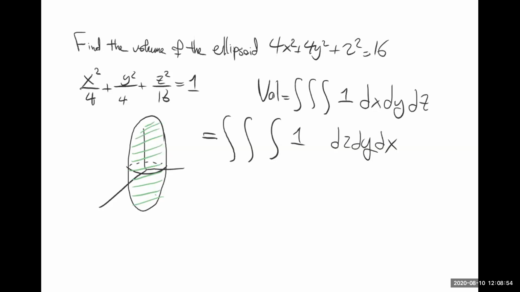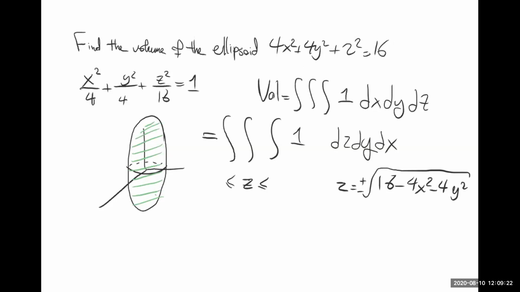Okay, now I should find the bounds for each of them. What are the bounds for z? The idea is to isolate z using this formula. So z is equal to the square root of 16 minus 4x squared minus 4y squared. When I take the square root, I would get plus or minus, right?